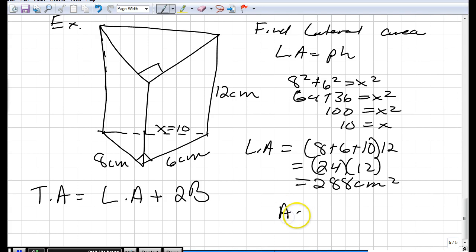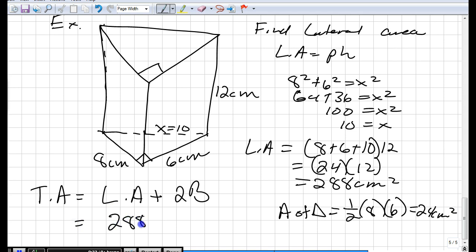So the area of the triangle is equal to 1/2 8 times 6, or 24 centimeters squared. So lateral area was 288 centimeters squared plus 2 times 24 centimeters squared.